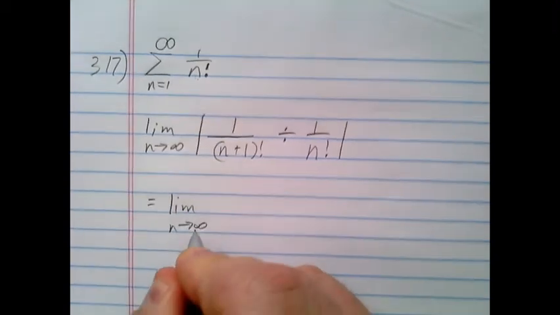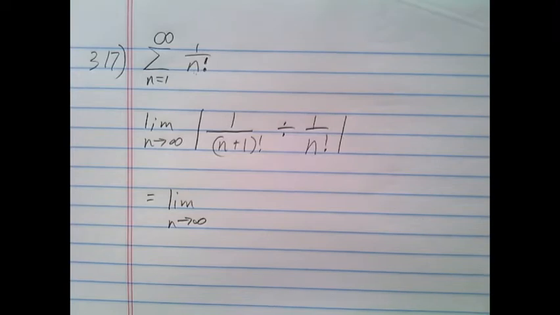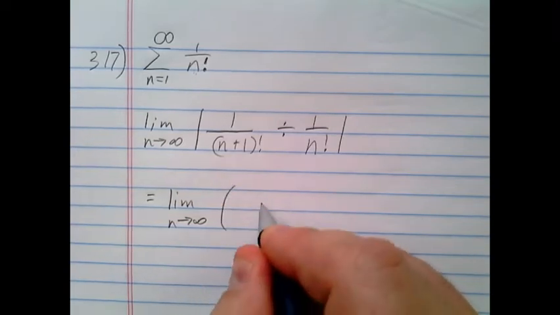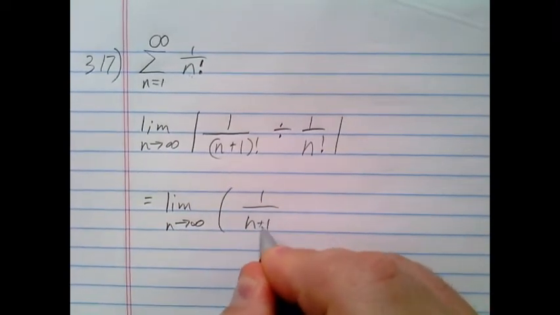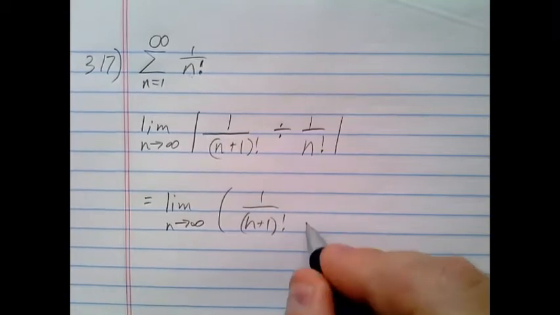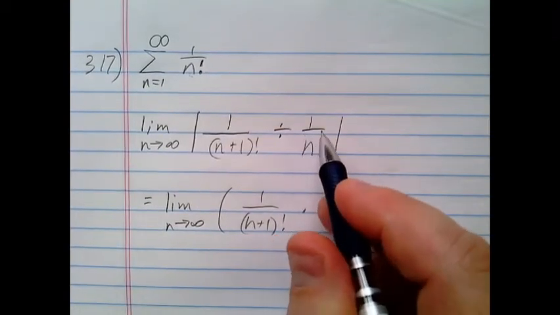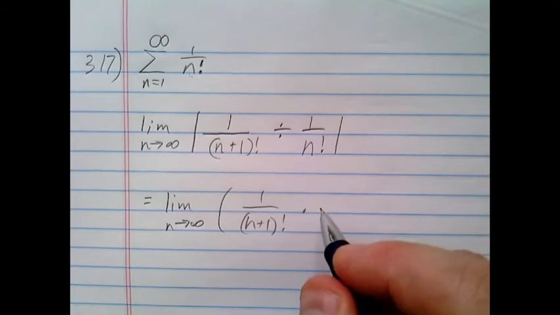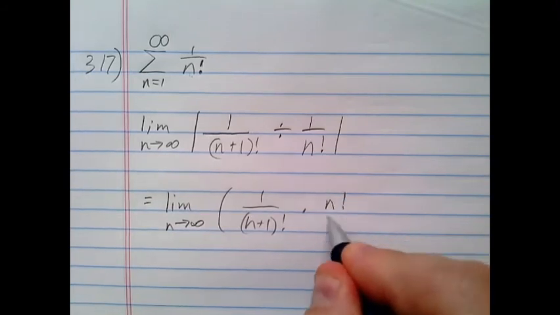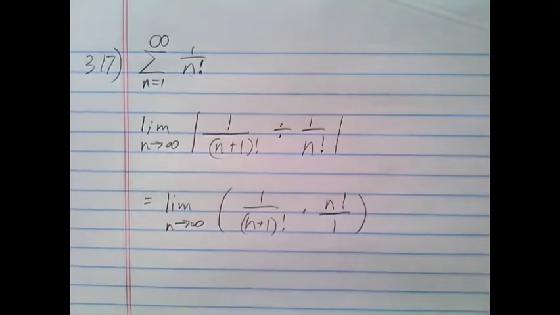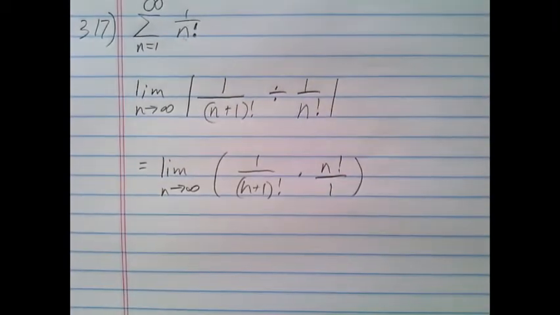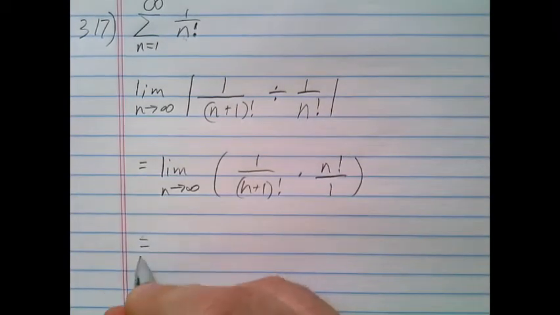Alright, so we're taking the limit as n goes to infinity of 1 over n plus 1 factorial times, now since I'm dividing a fraction, I'm going to flip that fraction. I'm going to make that n factorial over 1. Okay, now with factorials, it helps to expand them out.